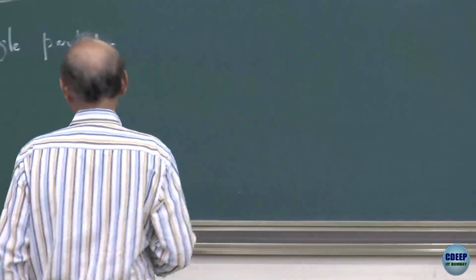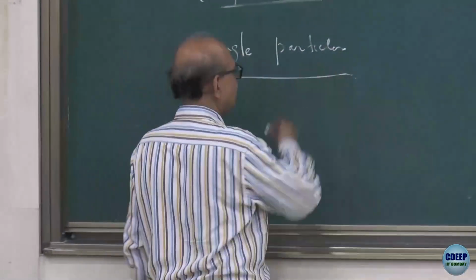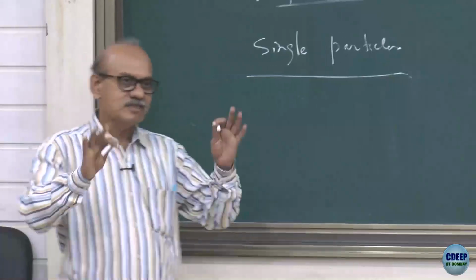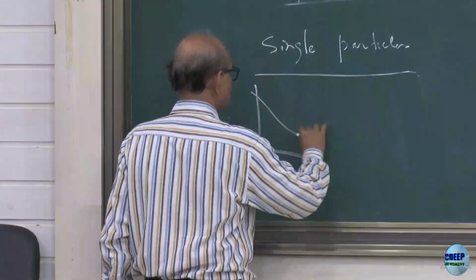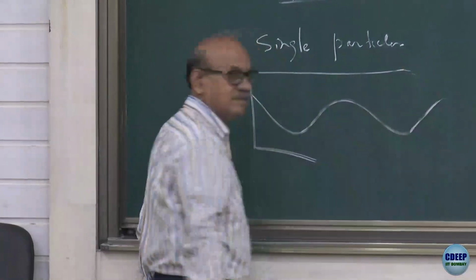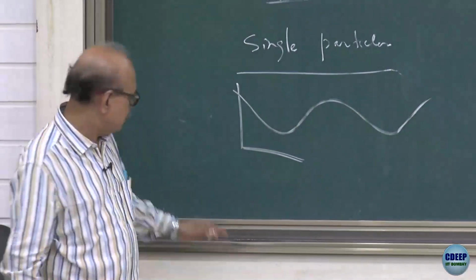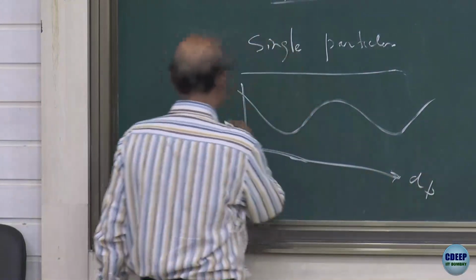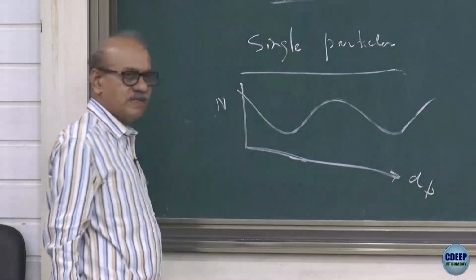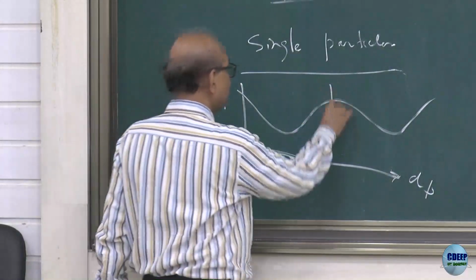For example, Professor Chandra in our introductory lectures did mention the aerosol size spectrum, right? We have modes like this, aerosol sizes. This is the x-axis, which is diameter, and this is some number distribution. And we have something called an accumulation mode here.